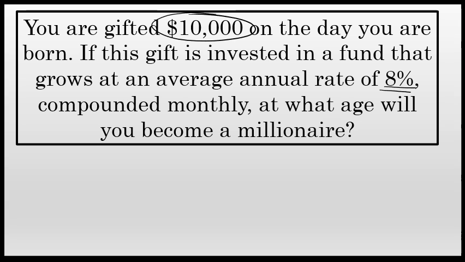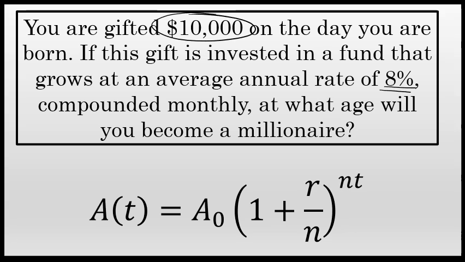For this problem, because we're dealing with a compound interest problem, we're going to use the formula A of t equals A sub 0 times the quantity of 1 plus r over n to the power of nt. As we work through this problem, we'll ignore taxes or any sort of fee on this fund.